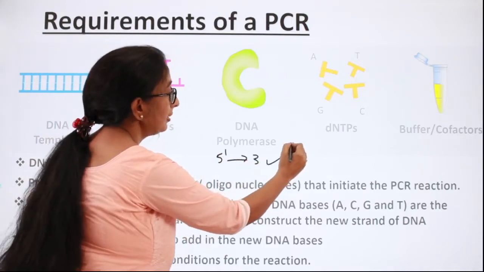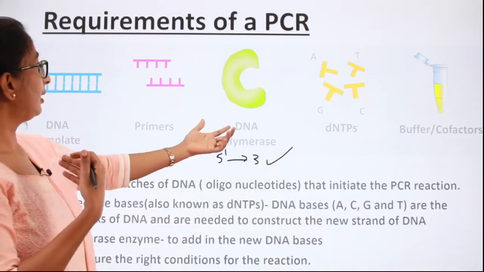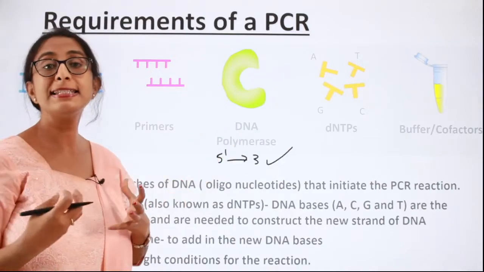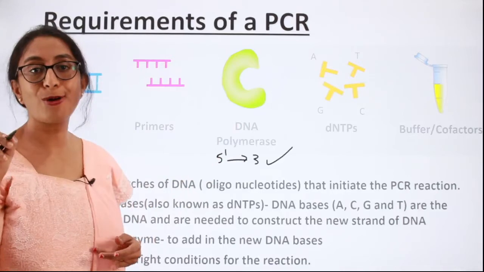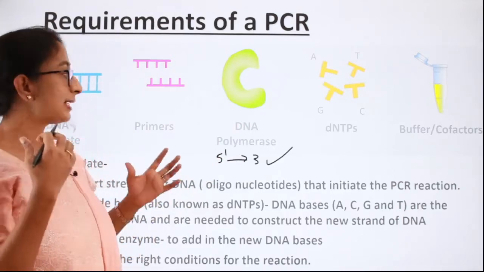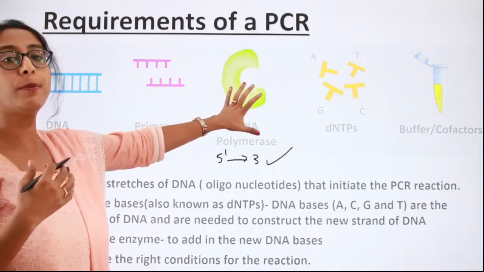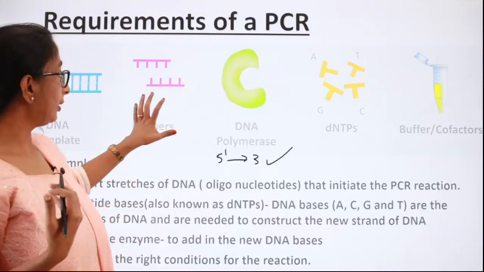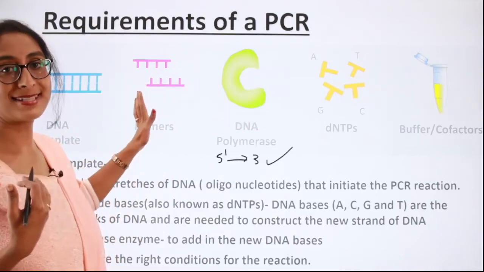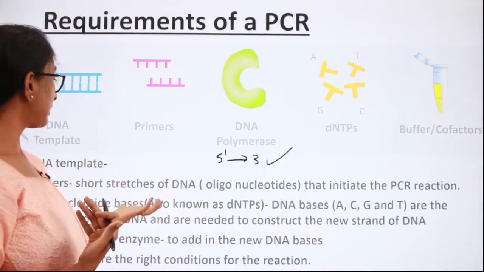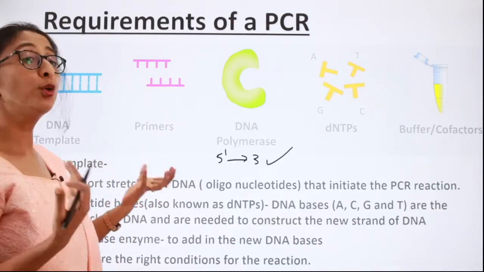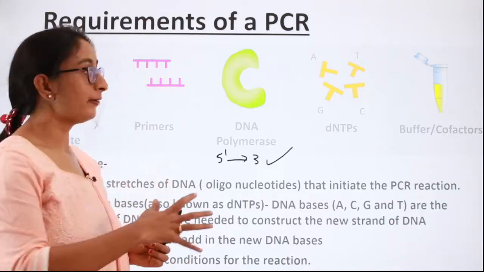That is also right. If they say DNA polymerase is capable of synthesizing a new strand of DNA without the primers, that will be wrong. You must understand DNA polymerase is not capable of synthesizing a new strand without the addition of primers. Can you guess what kind of questions you can get here? They might ask, what are the DNA nucleotide bases used in a PCR reaction?